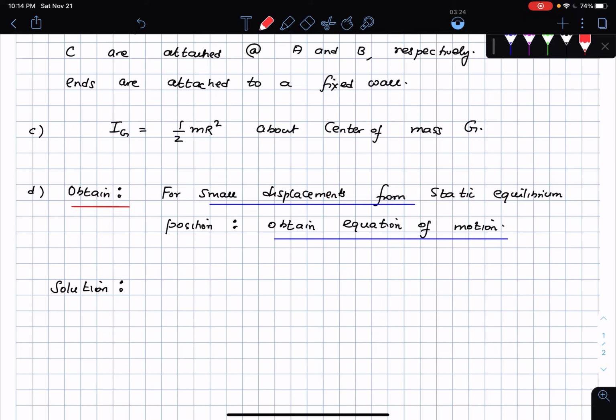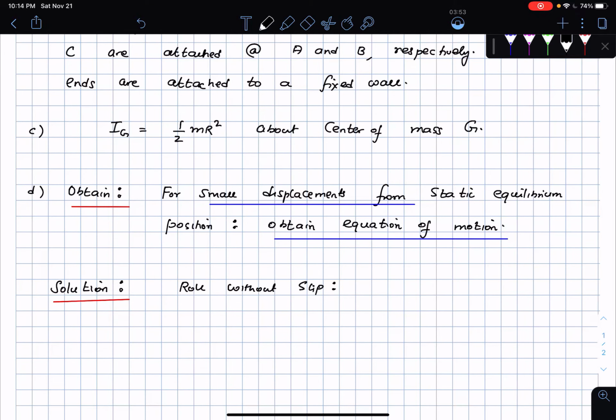I'm told that there is rolling without slip, which means that the contact force is going to be the friction force between the cylinder or the disc and the ground, and it's not something that I'm interested in right now. But the basic idea is that the relative velocity at the point of contact is going to be zero.